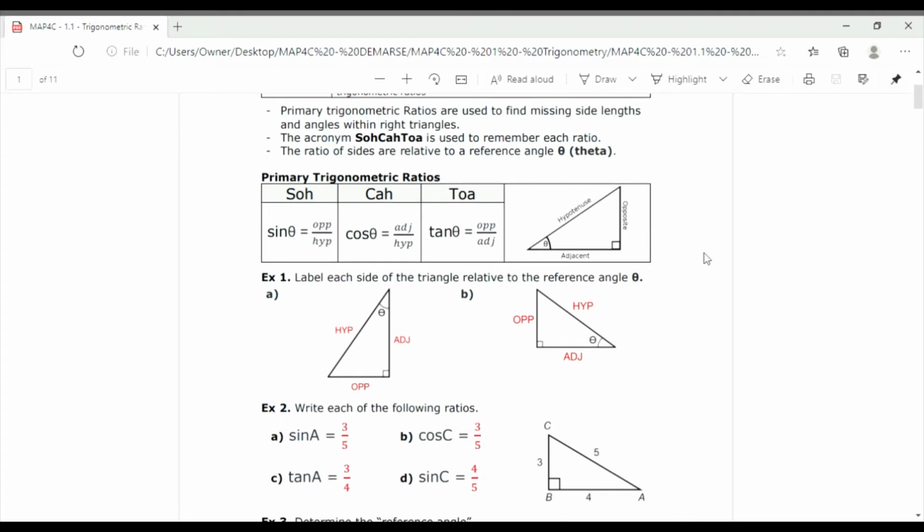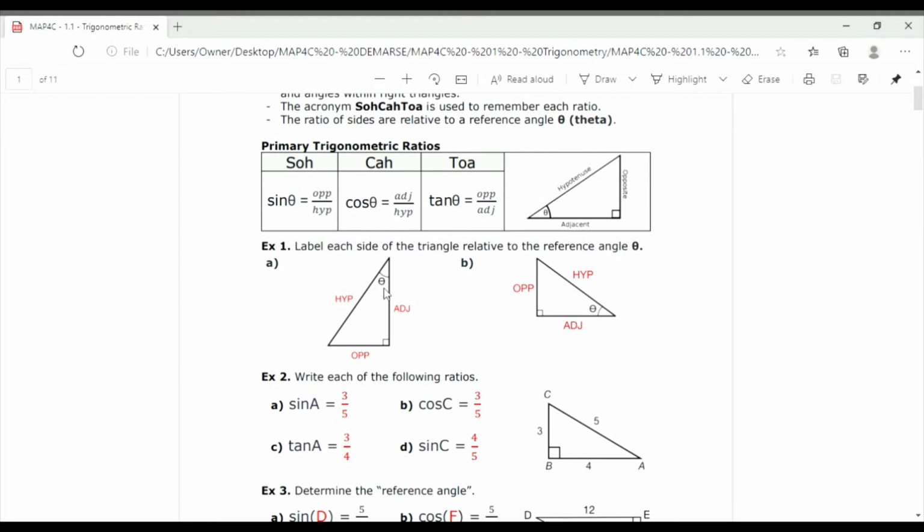Examples. Label each side of the triangle relative to the reference angle theta. It is important where the theta symbol is drawn. In example A, the theta is in that top angle. I would always start by labeling the hypotenuse first. The hypotenuse is the longest side of the triangle. It will always be across from the right angle.